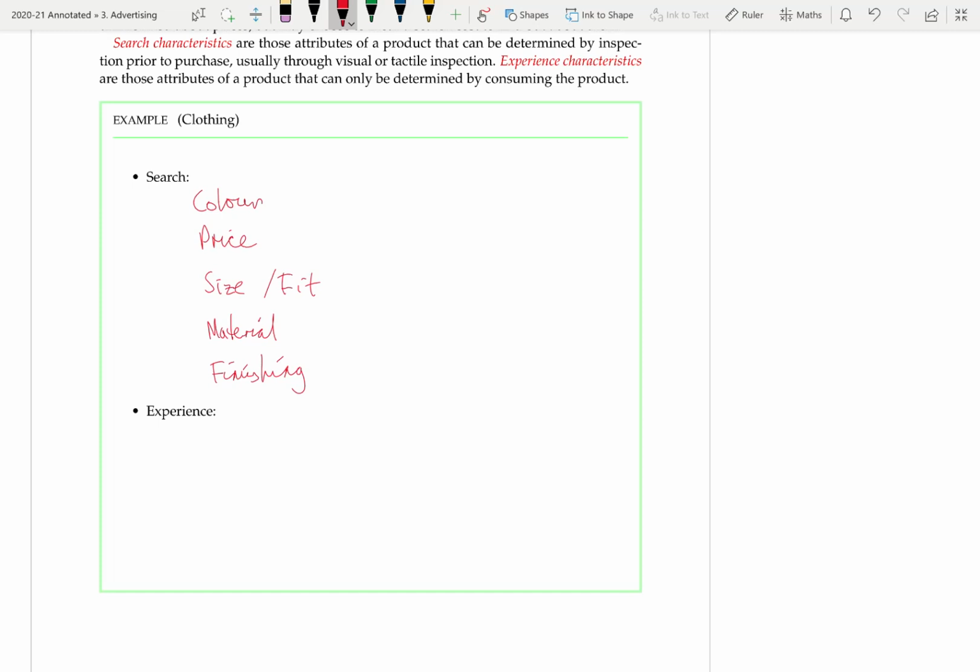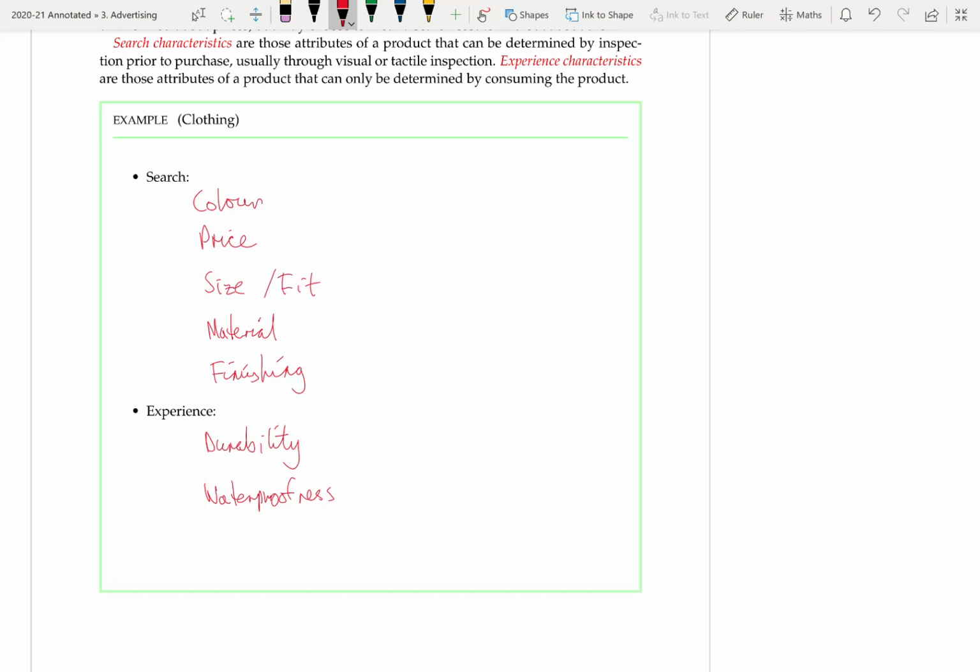What are some experience characteristics of clothing? Here you have durability, how long the clothing lasts. You're not going to be able to determine that until you've purchased the product and used the product for some time until it starts becoming worn. Other examples, maybe if it's a jacket, it might be the waterproofness, although they often state the waterproofness using some sort of measure, but maybe you can't actually learn exactly how waterproof it is until you've worn it.